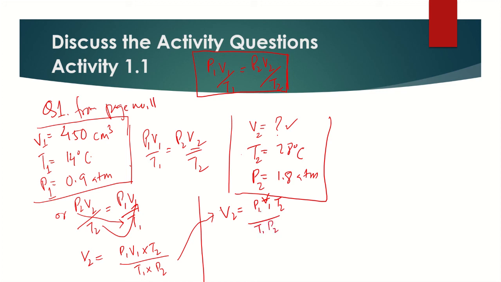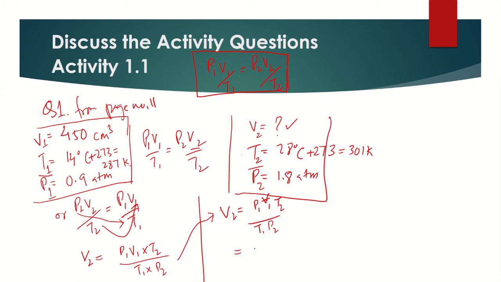Before we replace all the values, let us convert the temperatures T1 and T2 from degrees Celsius to Kelvin. We do that by simply adding 273 to the degrees Celsius. So 273 plus 14 gives us 287 Kelvin. And for T2 also, we'll simply add 273 plus 28, which gives us 301 Kelvin. Now let us replace the values.